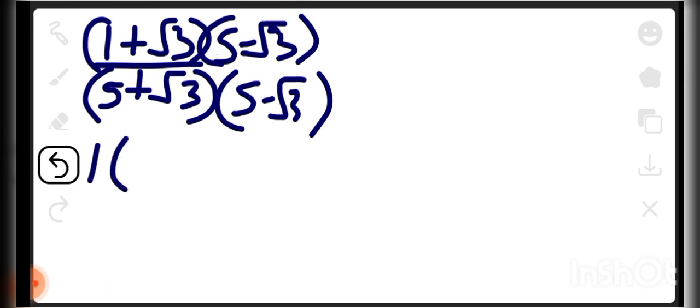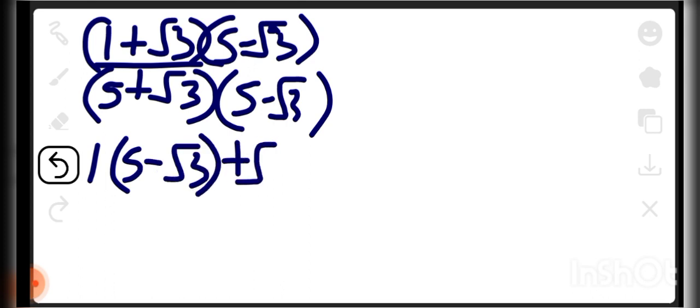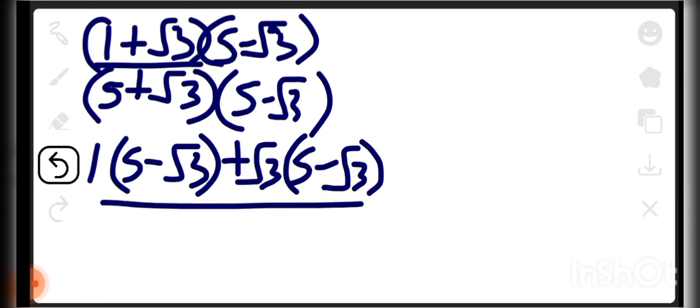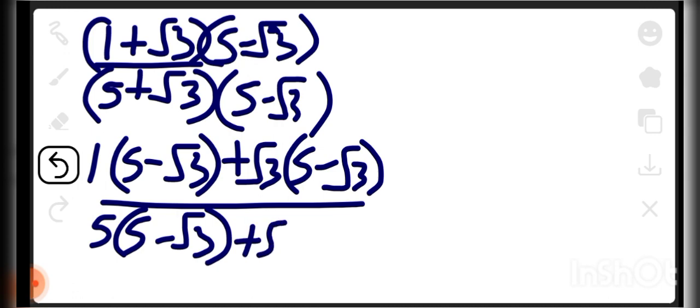So we're going to have 1 times 5 minus root 3, then plus root 3 times 5 minus root 3, over 5 times 5 minus root 3, plus root 3 times 5 minus root 3.